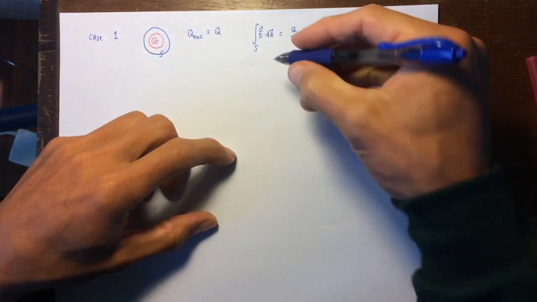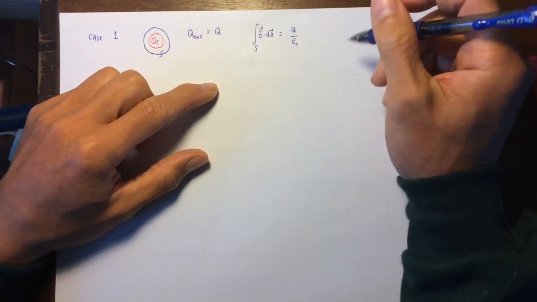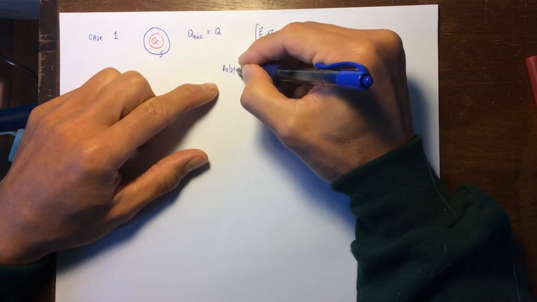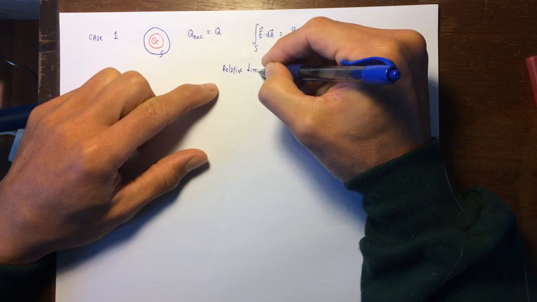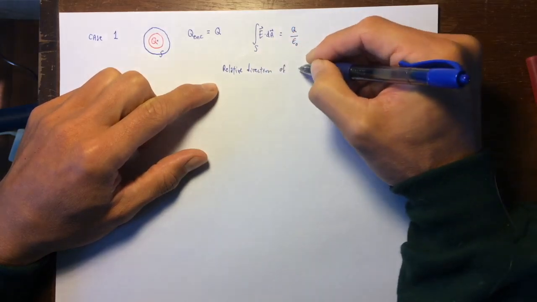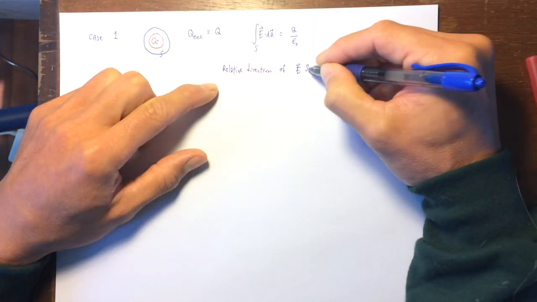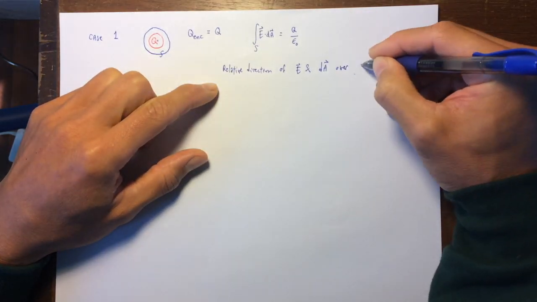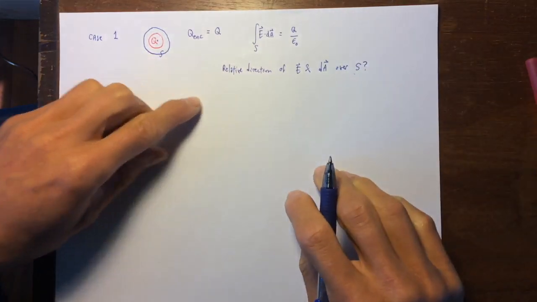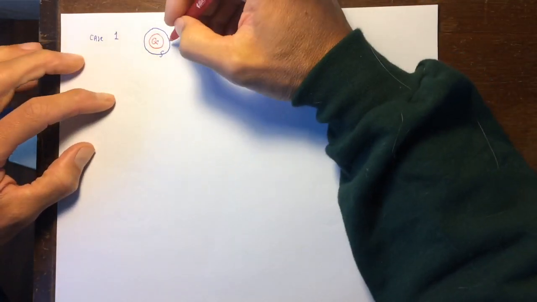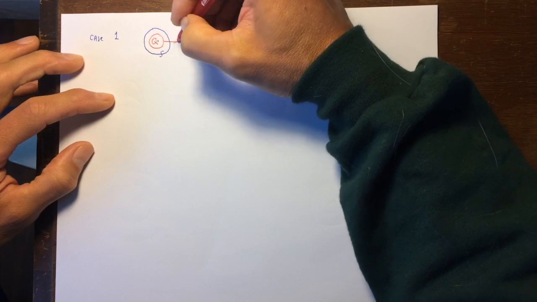So what happens then is a couple of things. We ask, what about the relative direction of E and dA over S? Right, so over this surface S, we have no reason to expect that, right?